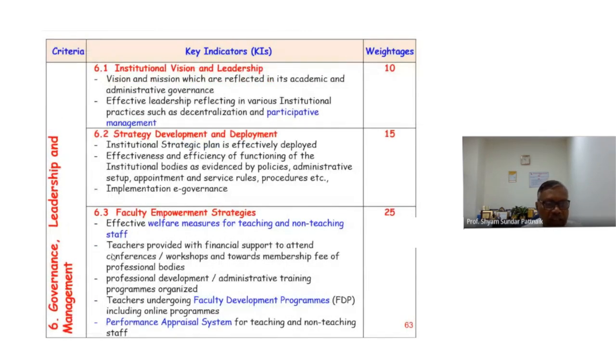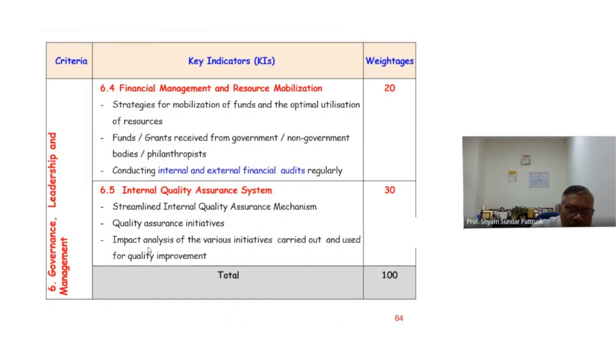So in a broad way, that is what is seen nowadays. Leadership and governance: how much your management is involved, what the decentralization process is, how much delegation of powers there is, whether there is a strategic plan, vision and mission, whether policies are in place, whether service rules are followed, whether appointments are through a selection process, and whether it follows regulatory body requirements. All those things are part of governance, which we discussed very elaborately yesterday in NBA.